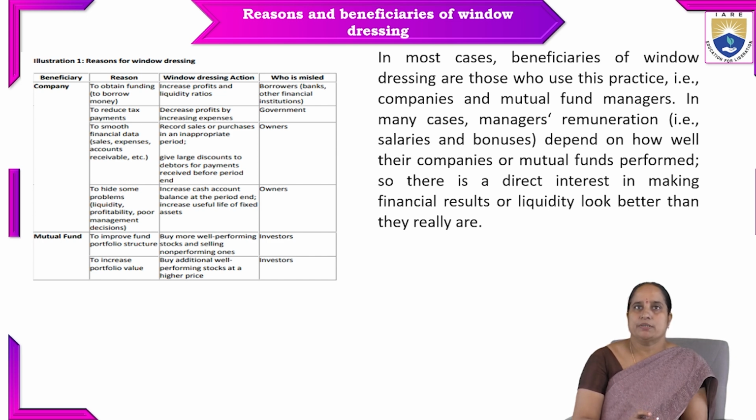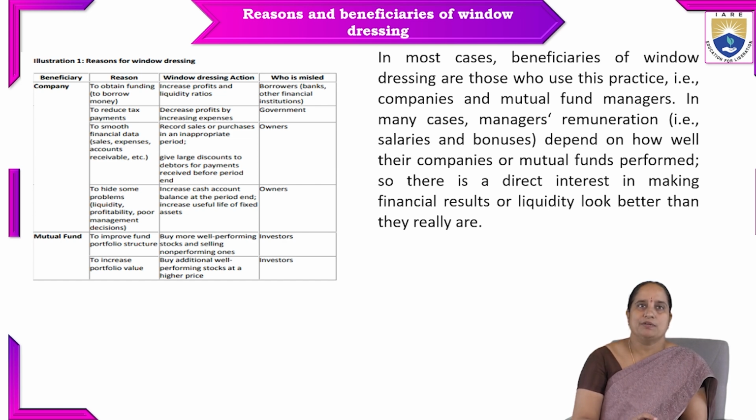The type of window dressing action is recording sales or purchases in an inappropriate period. It gives large discounts to debtors for payments received before period end. In this case, owners are going to be misled with this type of action.